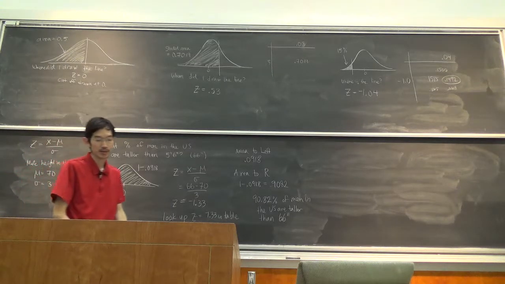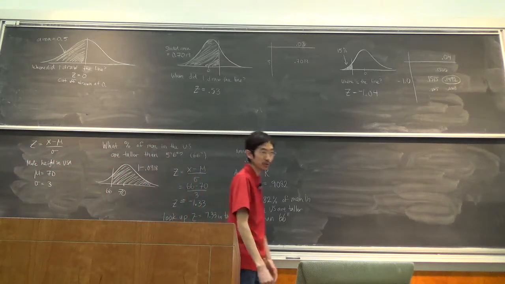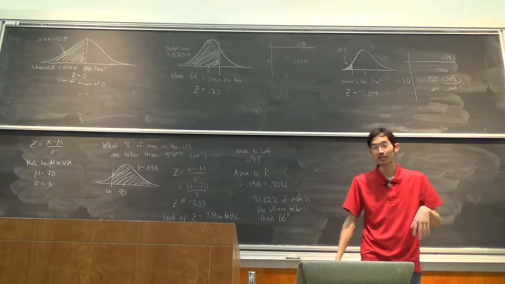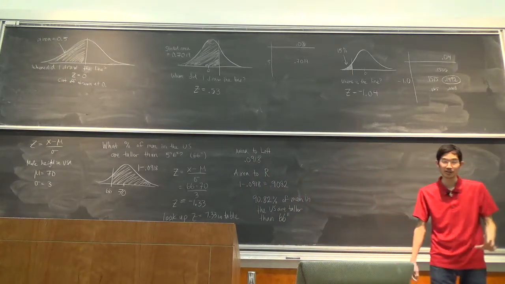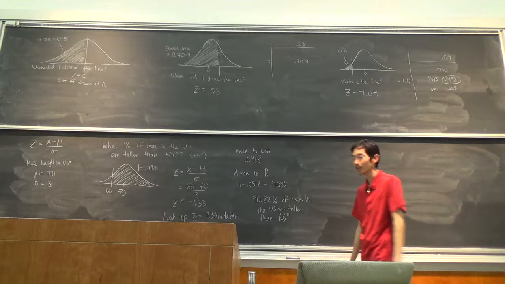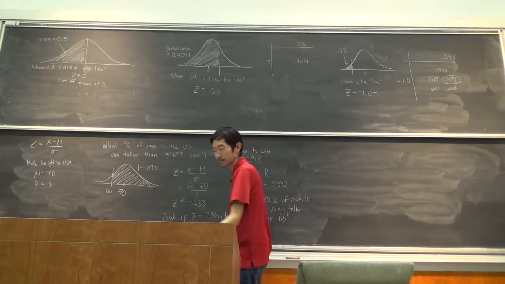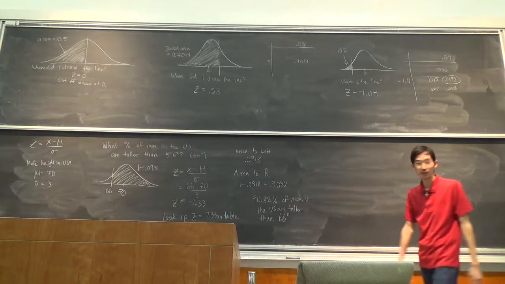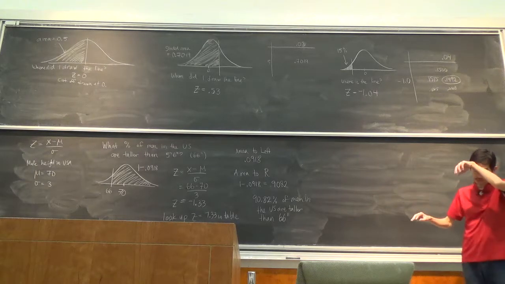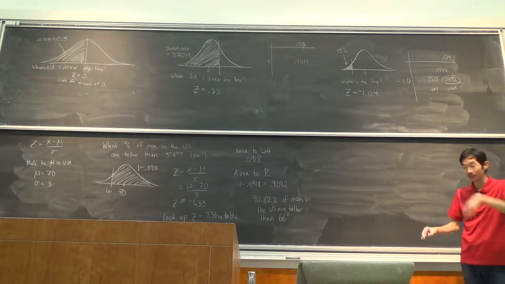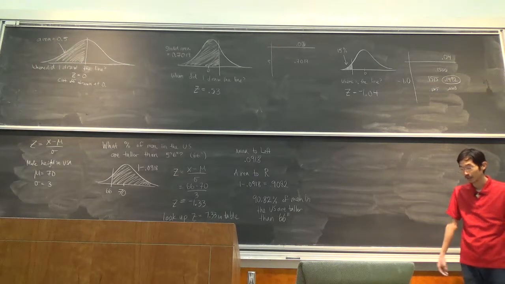The area to the left of z is equal to the area to the right of negative z. If that makes sense to you right now, great. If it didn't, don't worry about it. Just stick to the way we're solving it. But if you're comfortable looking up the positive z to get the area to the right, that's fine.